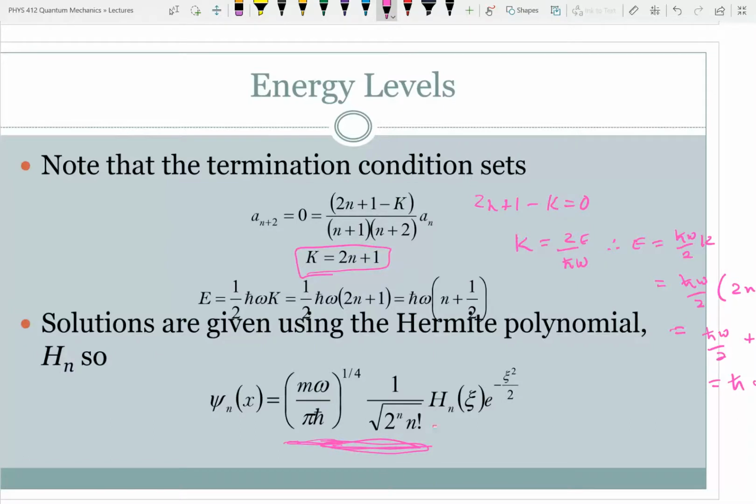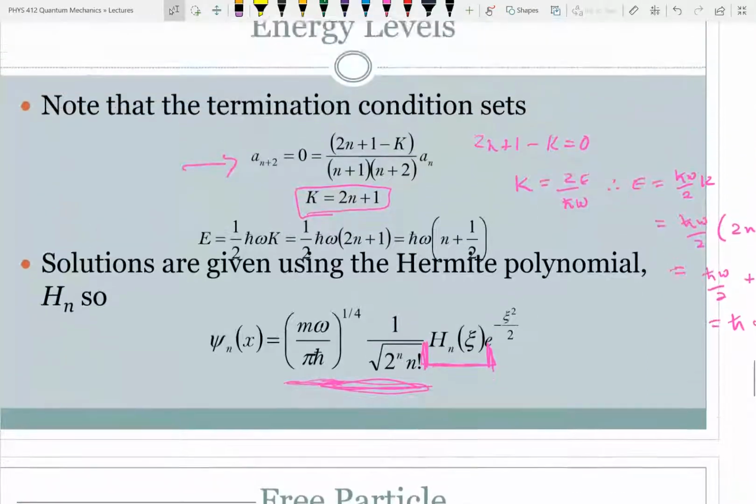And then this here is the actual solution to this equation. It's called the Hermite polynomial. So there's a name for that solution, the Hermite polynomial. And people have gone through and calculated what you're going to have for each a sub n with your starting conditions.